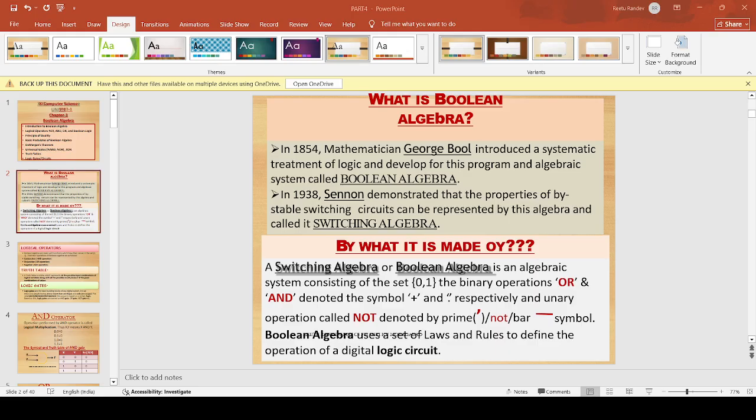Now the second theorem of De Morgan's is (x · y)' = x̄ + ȳ. Again we assume that P is a term which is x · y, where P, x, y are logical variables. According to the complementarity law, P + P̄ = 1 and P · P̄ = 0.